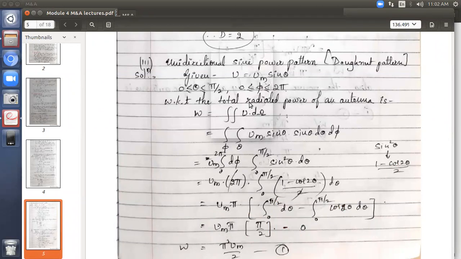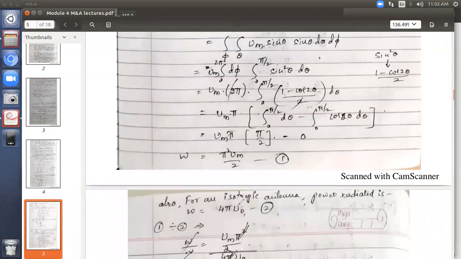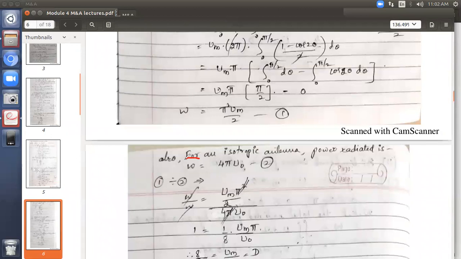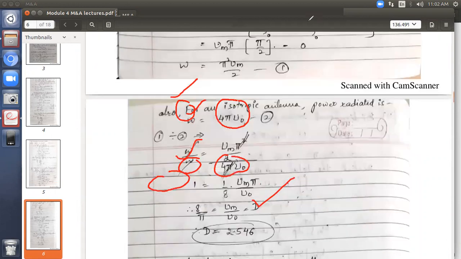What is equation 2? Equation 2 is, we know that for an isotropic antenna, W is equal to 4 pi into U naught. Then the third step is taking the ratio of equation 1 and equation 2. So W by W is equal to pi square Um by 2 divided by 4 pi U naught.